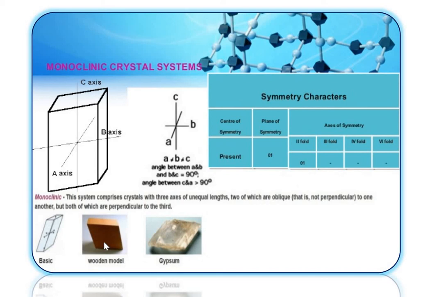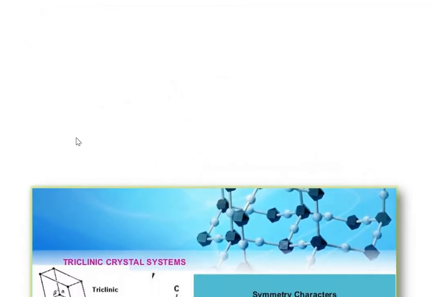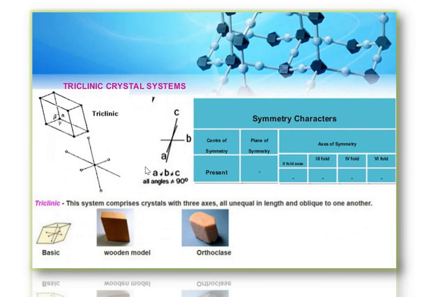I have shown a wooden model, and gypsum is a very good example of the monoclinic crystal system. Then our triclinic crystal system. Here all lengths are unequal and all angles are unequal, not equal to 90 degrees. I have shown a wooden model, and orthoclase is a good example of the triclinic crystal system.